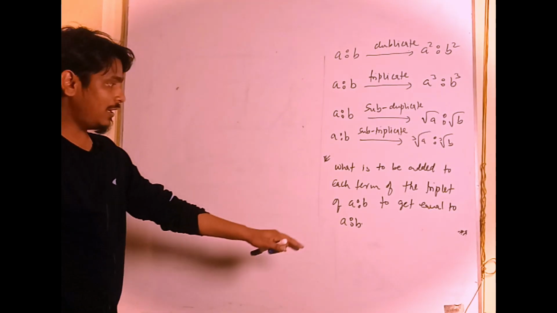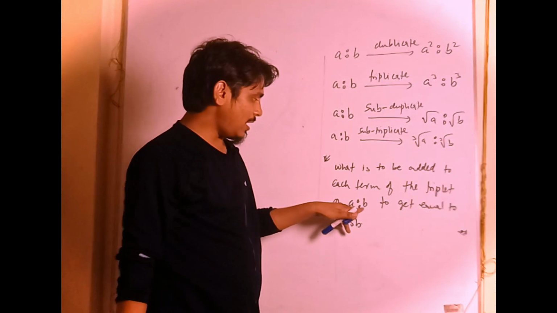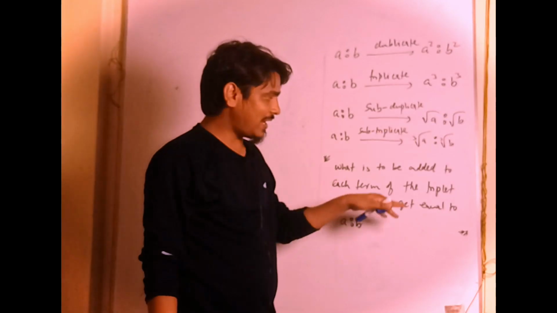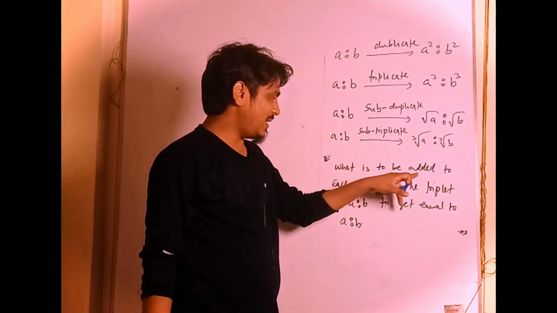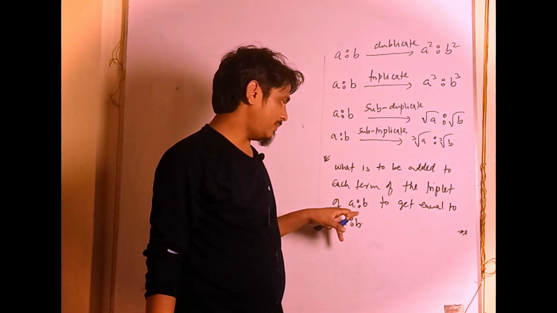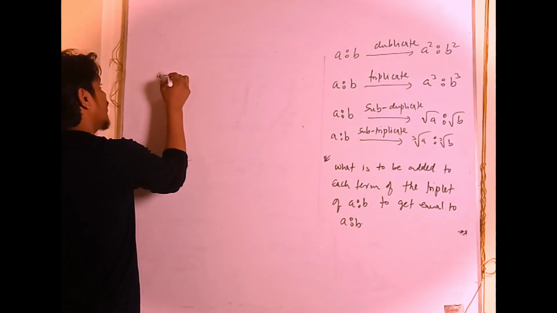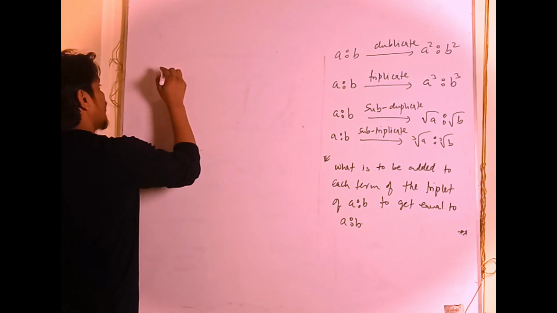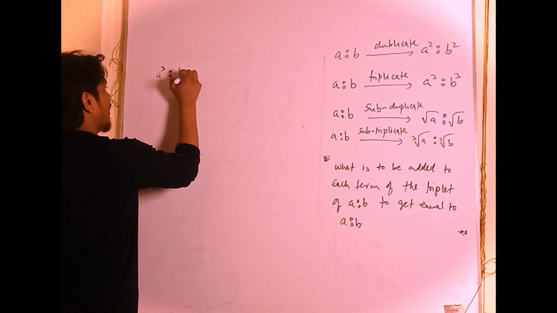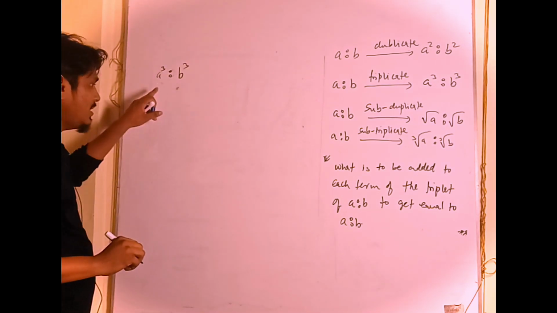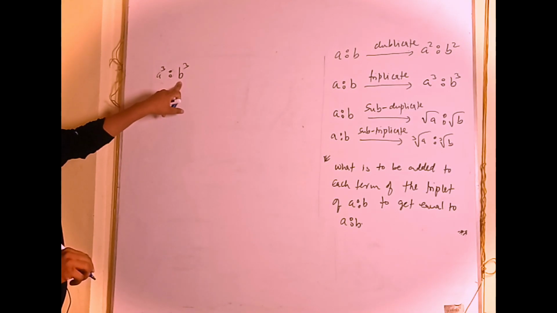So here A ratio B is to be triplicated, and in that we are adding something. What is to be added to each term of the triplicate of A ratio B? The triplicate of A ratio B is A cube ratio B cube. Now in that what is to be added?